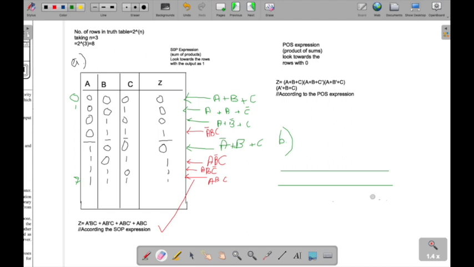Since this is a 3 input truth table, we should have only 2 rows.